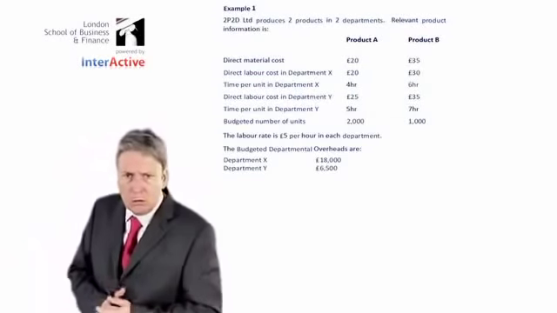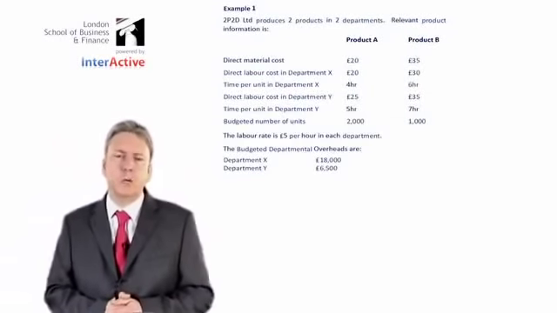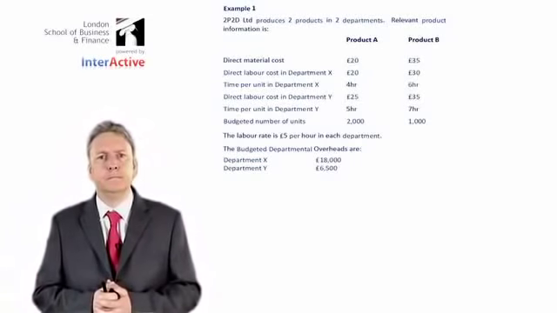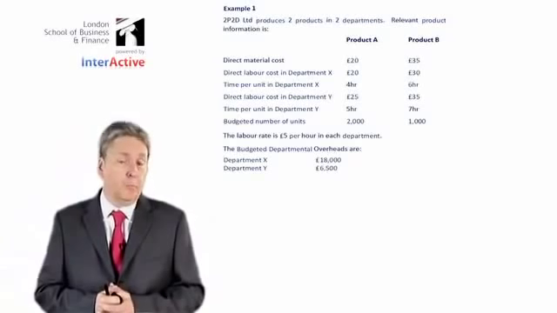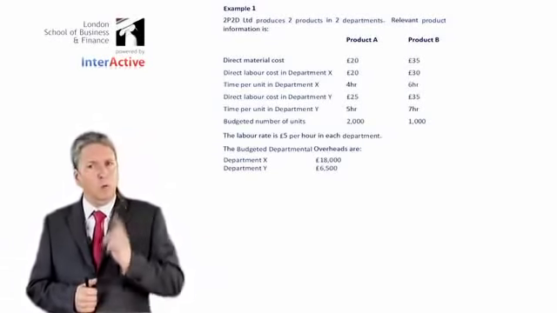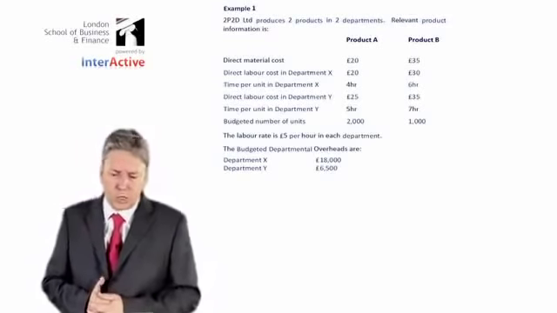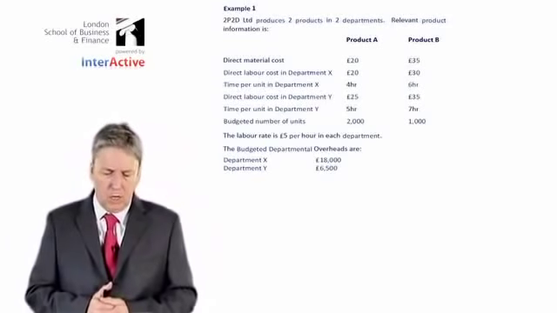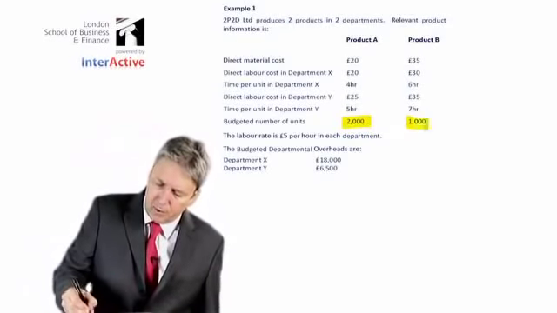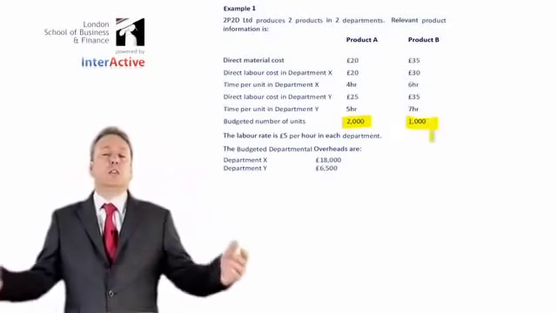Now, we don't know how the overhead is incurred, so we've got to make some best guess of how we may link it. There are two basic methodologies that you may adopt. One would be to spread the cost over the number of units. If you look here, we've got 2,000 of A and 1,000 of B, 3,000 units.